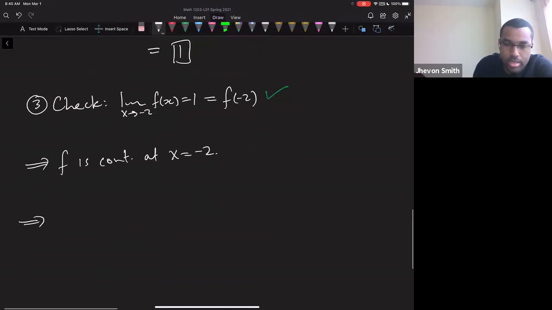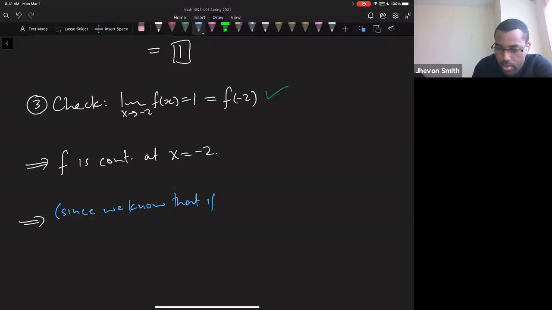And this means, of course, you don't have to claim it, but since we know that if x not equals -2, we're continuous, I can conclude that f is continuous everywhere.